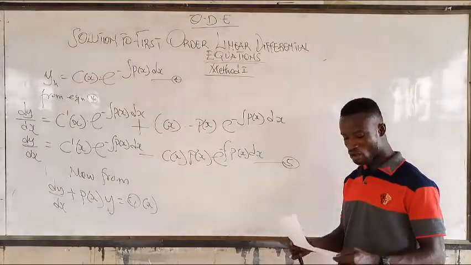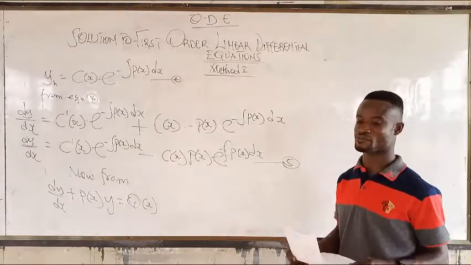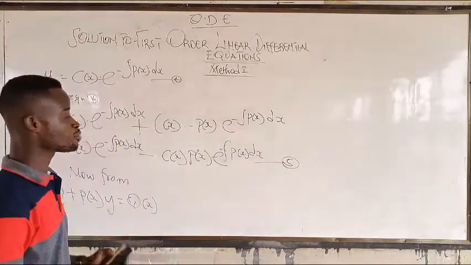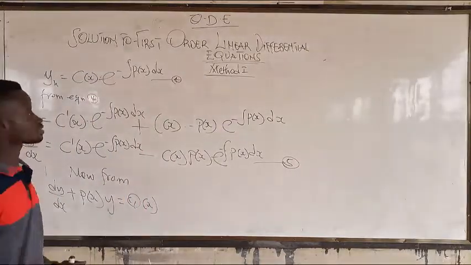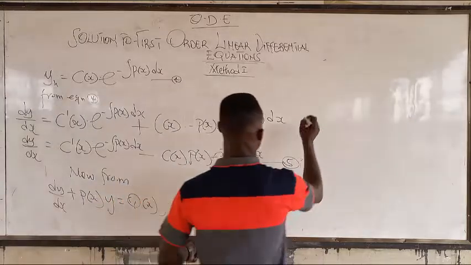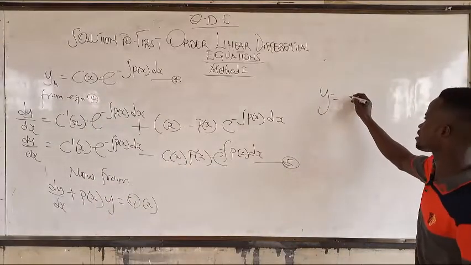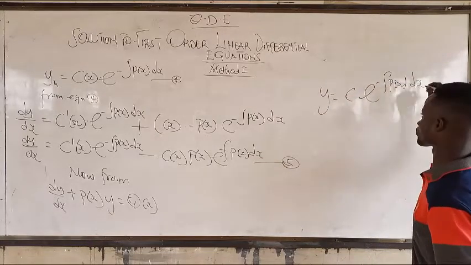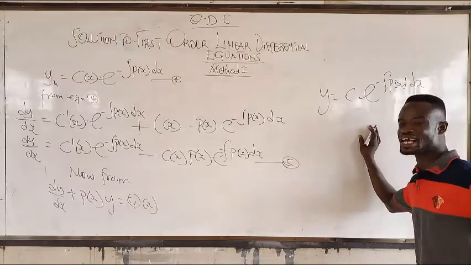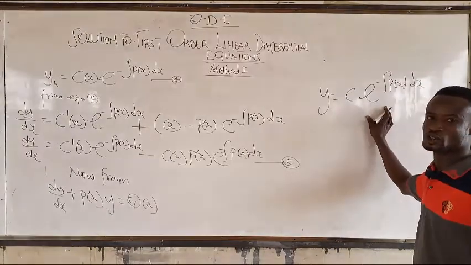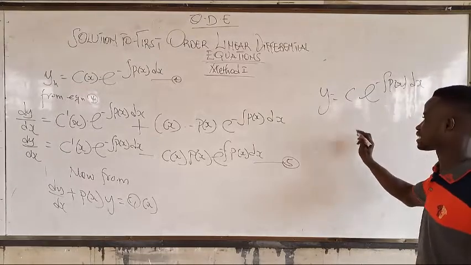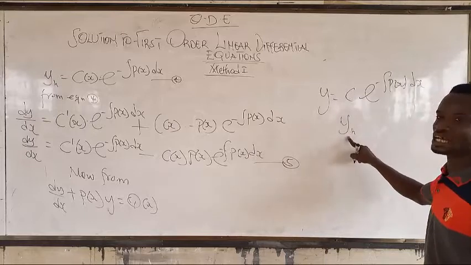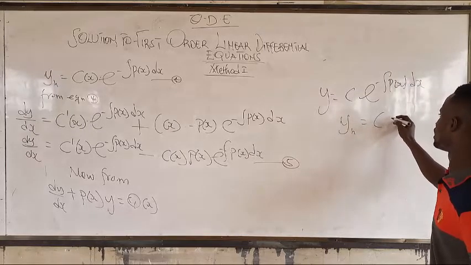But please, I would like to correct myself on something that I did previously. Sorry for that. Now, don't forget that after getting this, since this is a general solution for the homogeneous part, we are going to make it y subscript h equal to c.